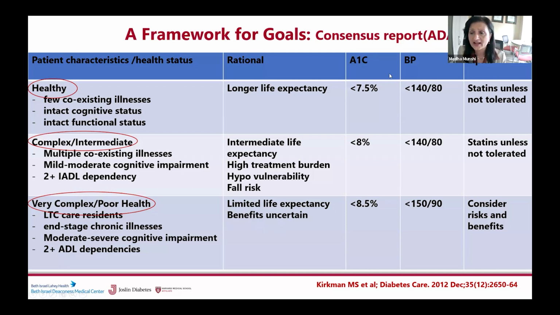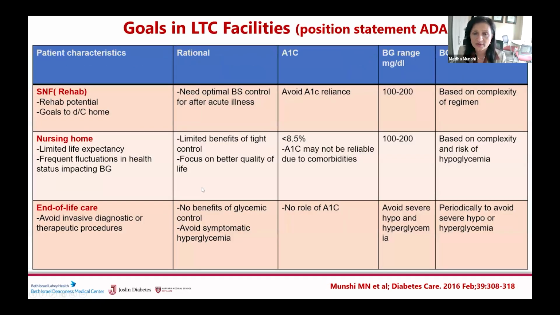Here is the rationale, and then we say tentatively it will be good to have A1C separated by that. This group, although also quite heterogeneous, so we then developed this position statement, separating out the last group, where people who are in SNF, people who are in nursing home, and people who are in end-of-life care.